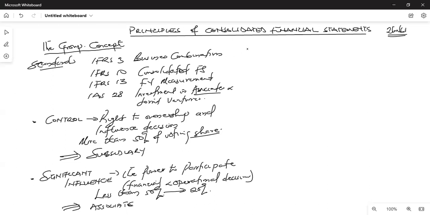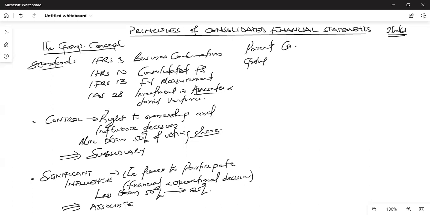So who bought the investment, the significant influence, the control, is the person we call the parent. Therefore, the group becomes the parent plus the subsidiaries.